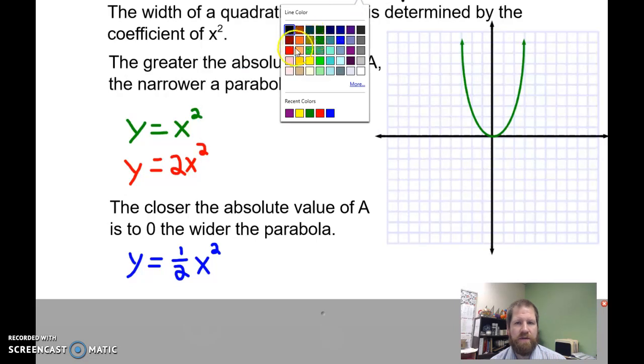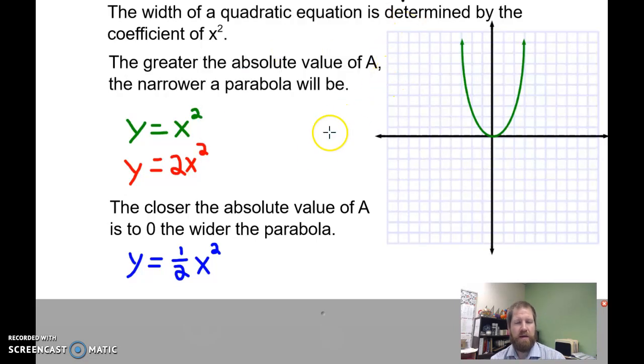There's not a lot of difference, but if we use f of x, that is guaranteeing that that value is a function. So if I was going to graph f of x equals 2x squared, it'd look much the same as this one, except instead of being this wide, it would be about this wide. It'd just be a narrower graph.